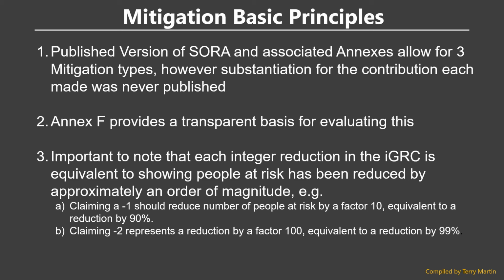So if you get a -1 for a mitigation, what it means is that you've reduced the risk to people by a factor of 10. So you've essentially reduced the risk by 90%, and similarly a -2 represents a factor of 100. And so the regulators and applicants, in considering the worth of their proposed mitigation, need to factor this in.